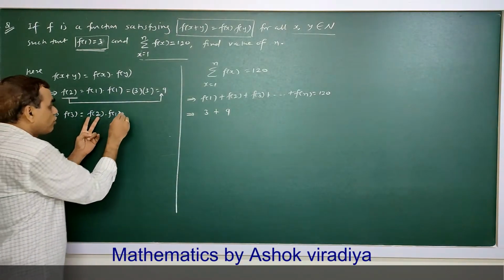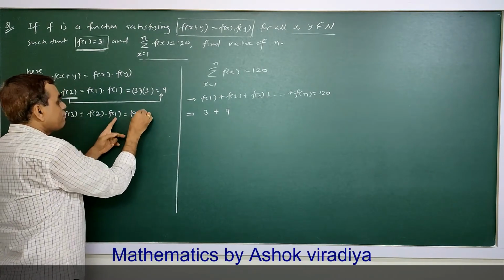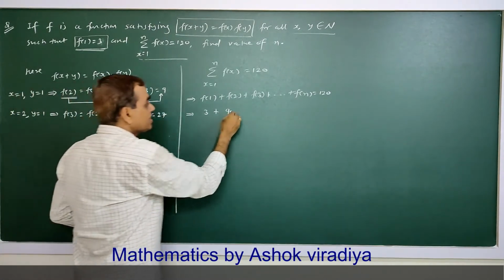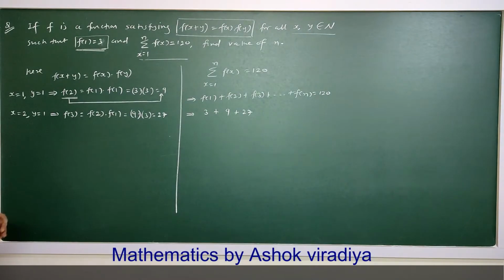Now f of 2 already here found, it is 9 into f of 1 is 3, so 27. So we can continue this procedure.